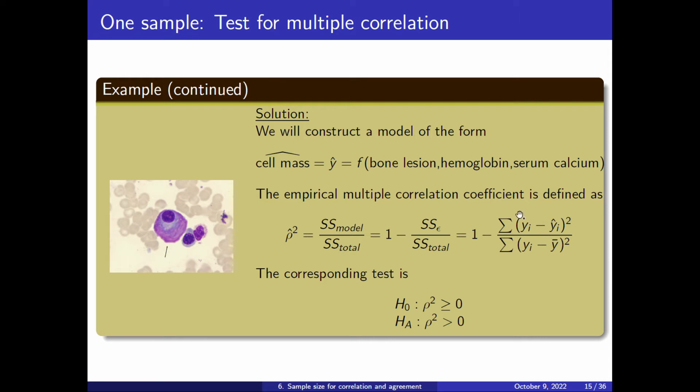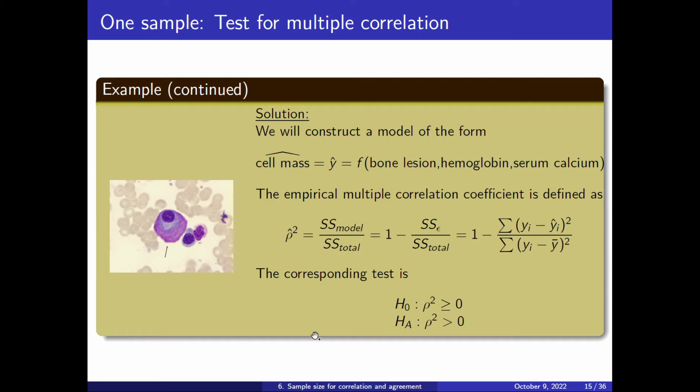If you make very bad predictions, then you will do almost as bad as a simple constant. So this ratio will be close to 1, and then rho squared is close to 0.